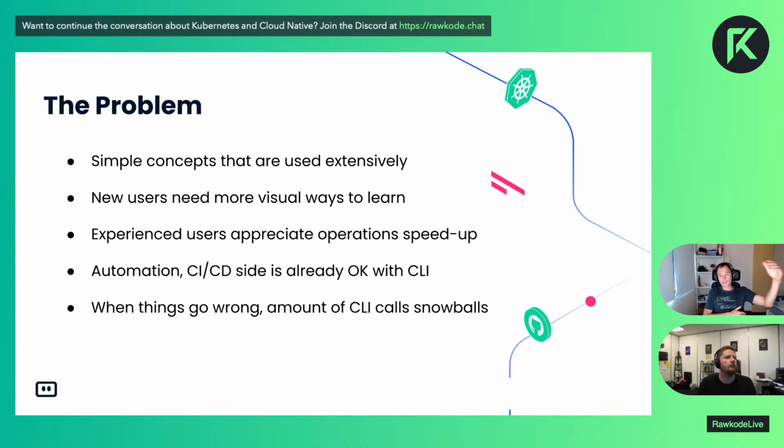Huge JSONs, YAMLs, lists of revisions and charts, and all of that is really hard to manage, especially if you are under the stress of a failure. And this is where we want to help experienced users also.